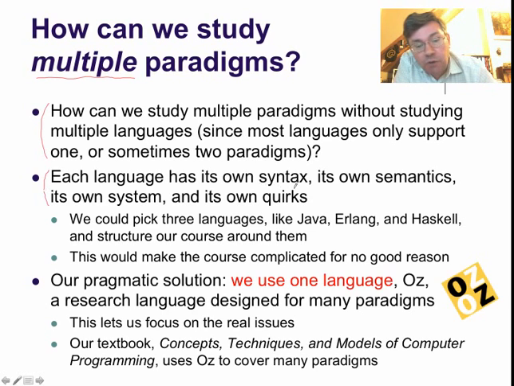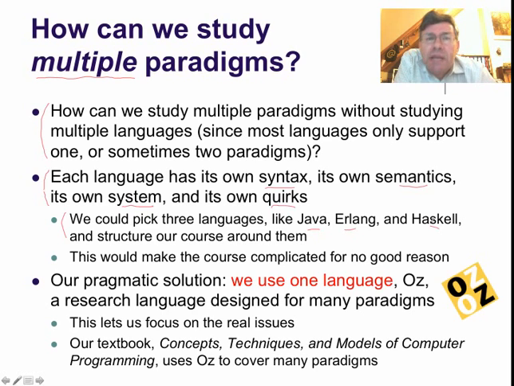Each language has its own syntax, its own semantics, behavior, its own system that has to be installed and maintained, and its own funny quirks that you have to get used to. So we could do that. People have done that. We could pick 3 languages, for example, Java, Erlang, and Haskell, and structure our course around that. But still, that would be very complicated.